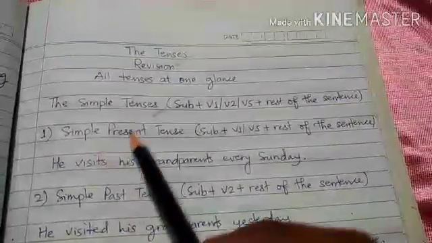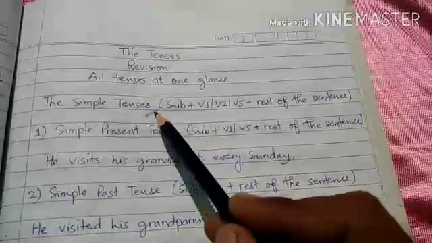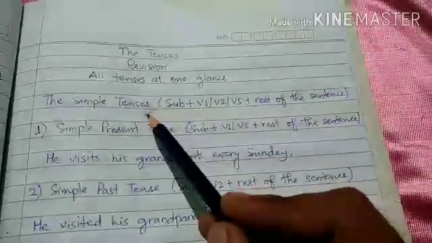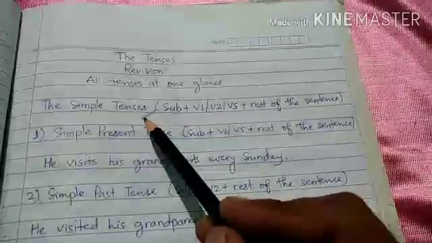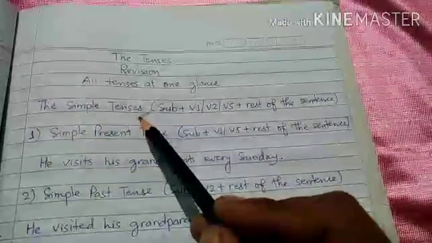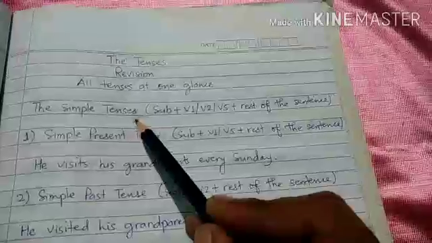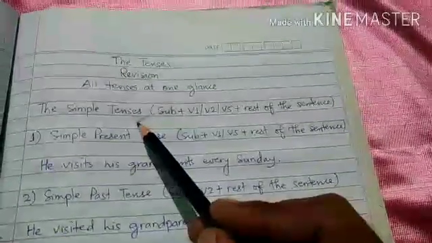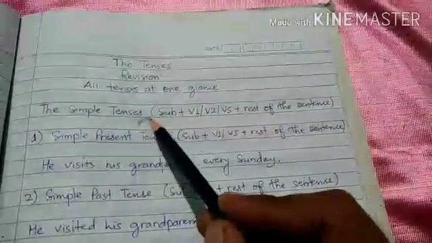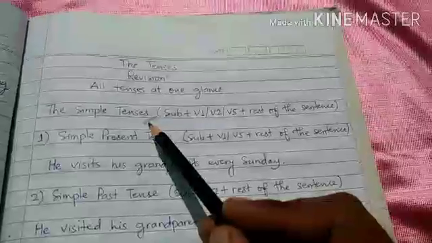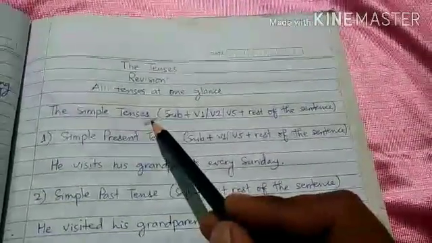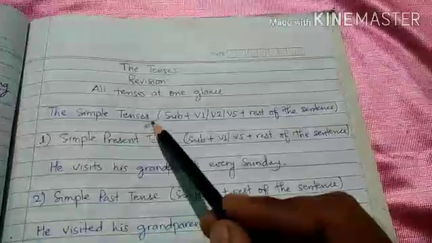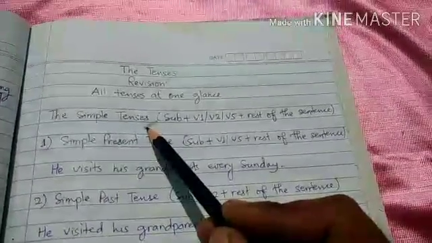Okay my dear students, we will move ahead with the simple tenses and we will learn framing sentences in each tense with the sentence structures. We have already understood the sentence structures in each tense, how to frame affirmative, negative and interrogative sentences.